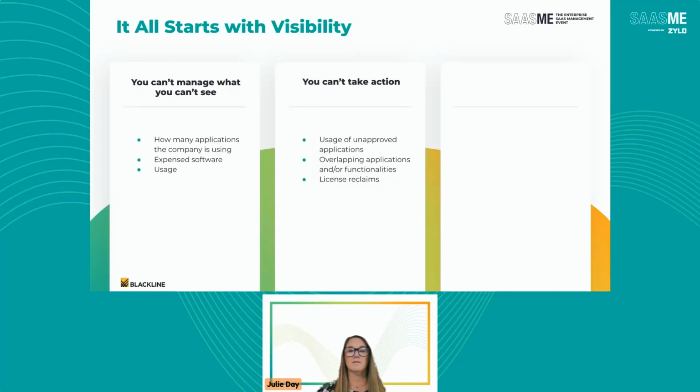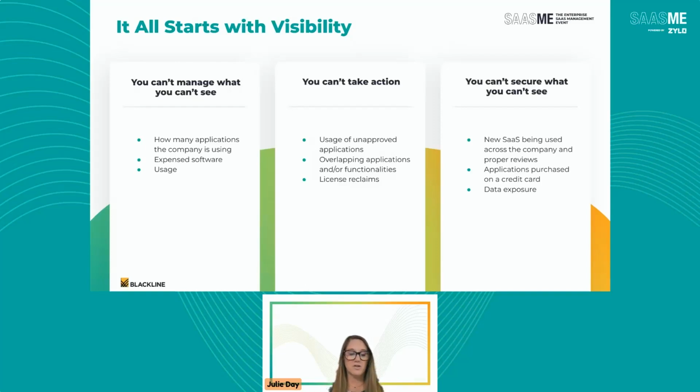And lastly, you can't secure what you can't see. So this could be a big risk to any company. Basically, if applications are being used that weren't properly vetted through third-party risk, it can cause legal issues. If people have purchased things online and haven't done it through the proper procurement channels, you don't know what terms they're agreeing to.